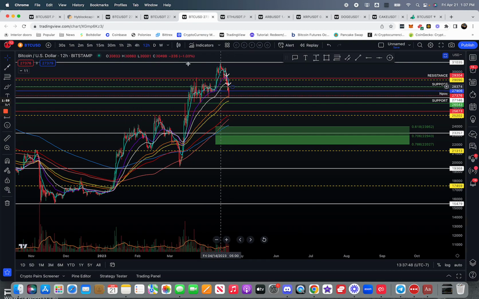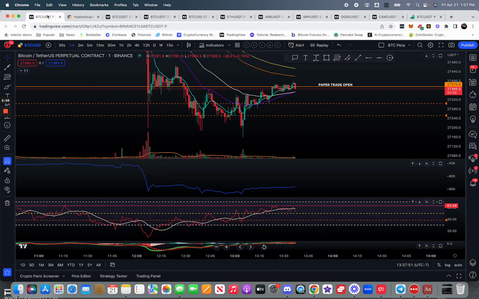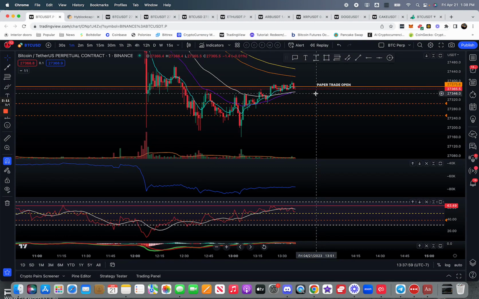So for instance, let me show you this example. I'm paper trading this right now. When I'm scalping in the 30-second, 1 minute time frame, when we're ranging or when we're slow bleeding, it's easier to scalp both the longs and the shorts.